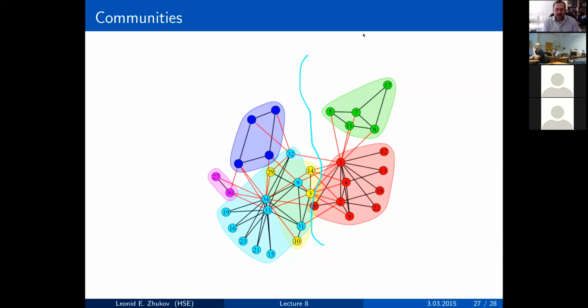Okay, so to sum up, we talked about what clustering and communities are, and we looked at two different ways. One is similarity-based clustering, and the second is graph partitioning, where today we did a very simple heuristic method.